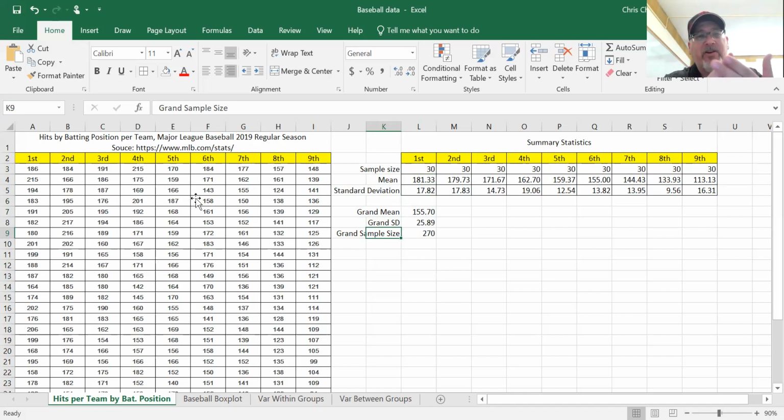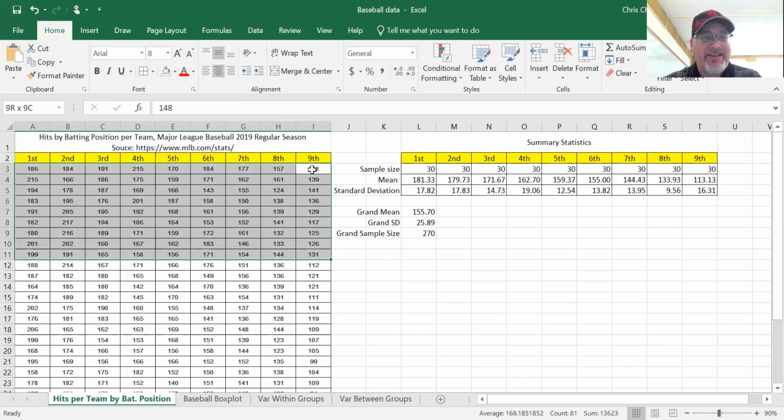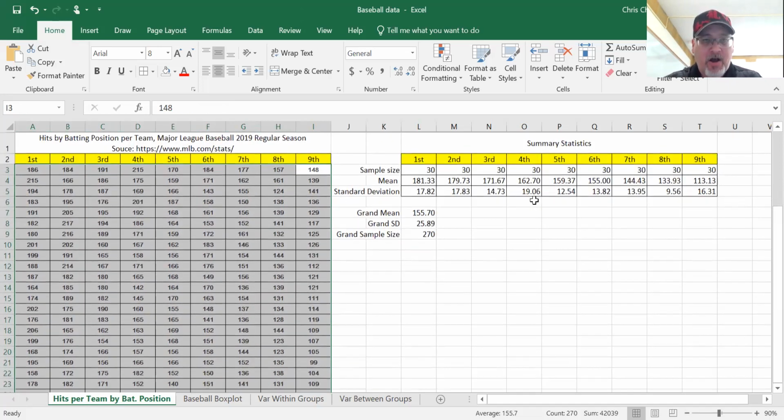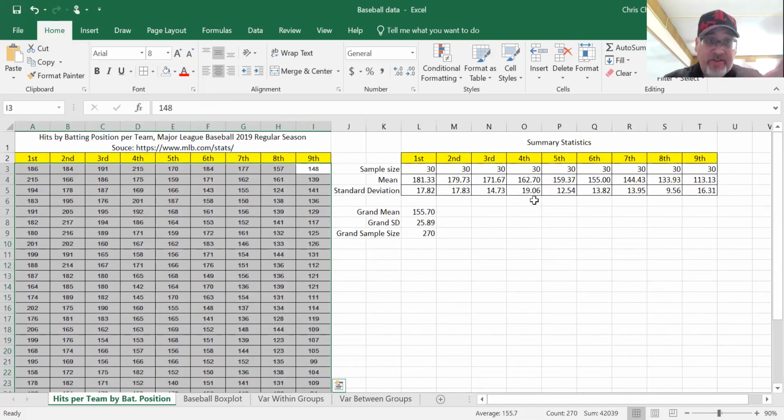Basically, it's the mean, standard deviation, and sample size if you took all of your samples and treated it like one gigantic sample. So the grand mean would be the average of all those, the grand standard deviation would be the sample standard deviation of all those, and of course, the grand sample size would be 270.